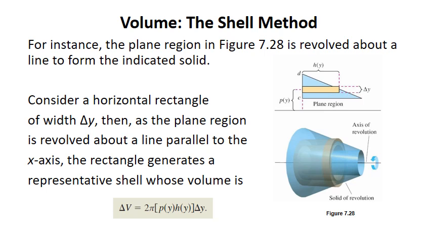So let's say we're starting off with this region here. And if we take this region and we revolve this about a line parallel to the x-axis, it goes round and around, and we will end up with this shape here. So it's hollow like before, so we need to find the inner radius and the outer radius, which we will analyze using this here.